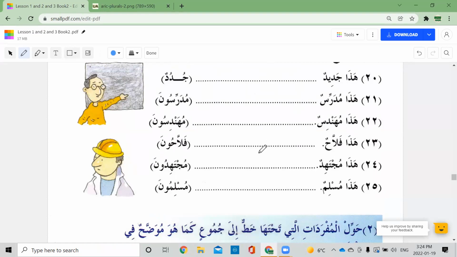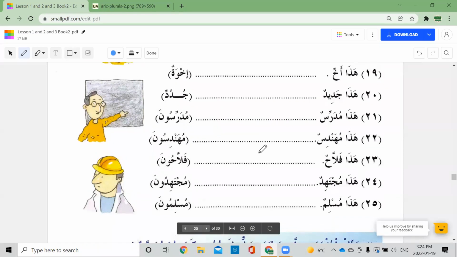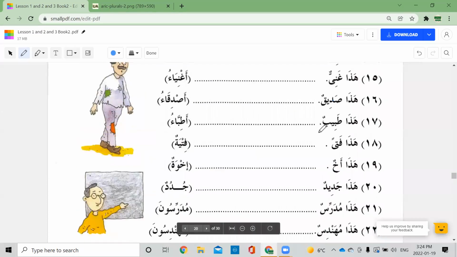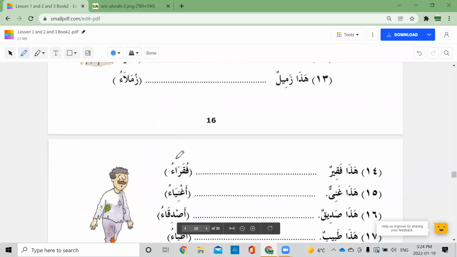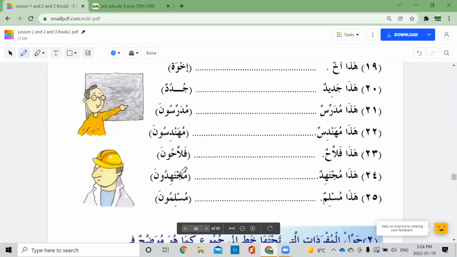Sorry, ma'am, can you please repeat the point which you just said? Actually, I just joined in. Fine. So we're talking about plurals, right? And there are two types, a sound and a broken plural. I was just mentioning how there are different patterns for all of the broken plurals, and there's no set rule on how to identify them.